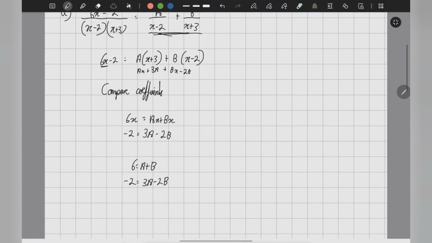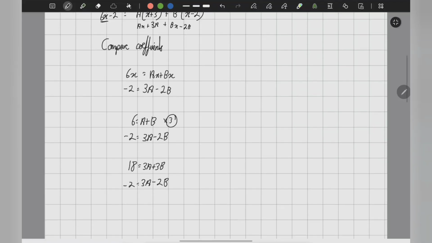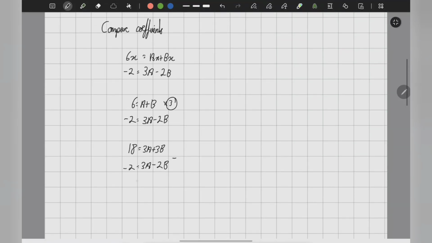If we multiply the top equation by 3, we get 18 equals 3a plus 3b. And if we write the bottom equation out again, then all we need to do is take these away. So we get 20 is equal to 5b, so b is equal to 4.